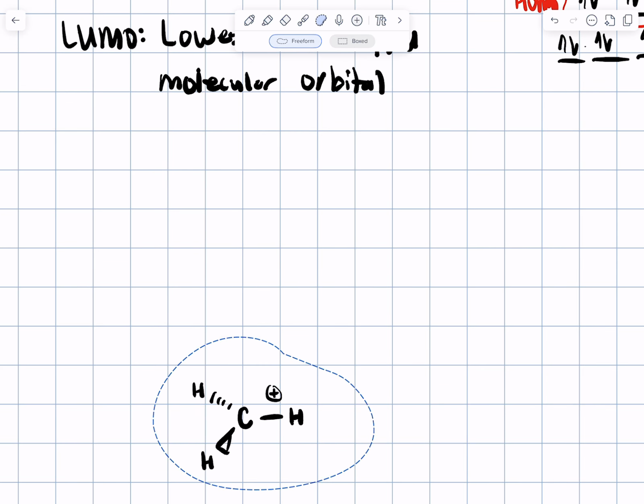So let's start with that list then. If I want to identify a HOMO and a LUMO, the first thing I need to know is that every molecule has both a HOMO and a LUMO.